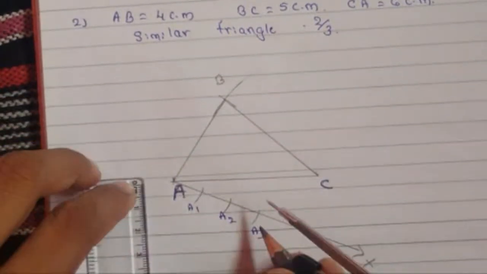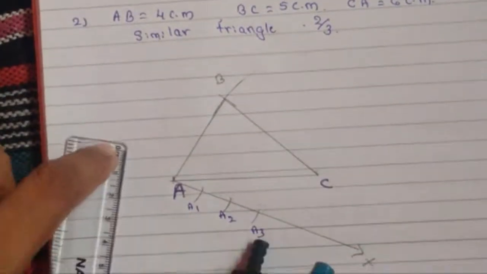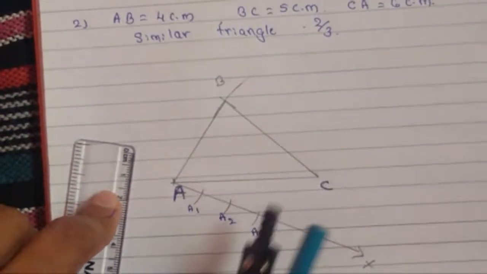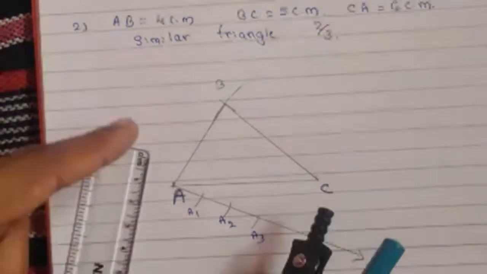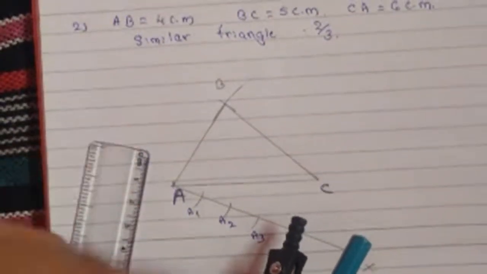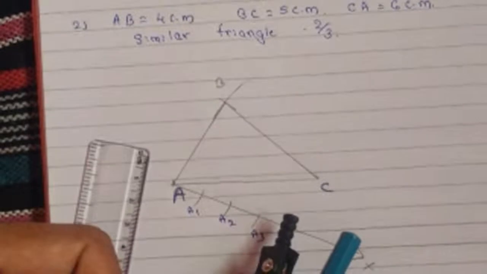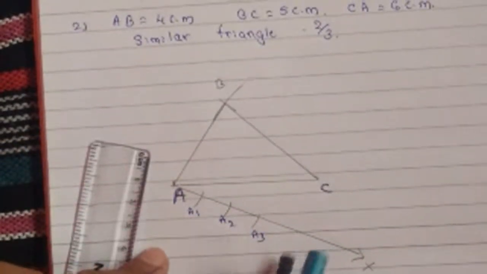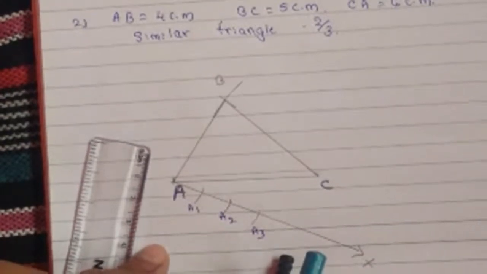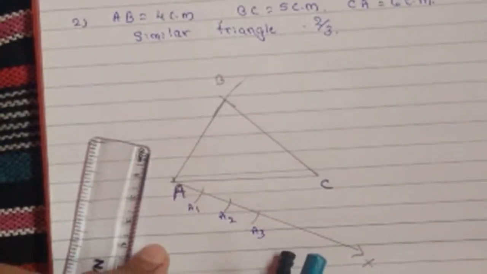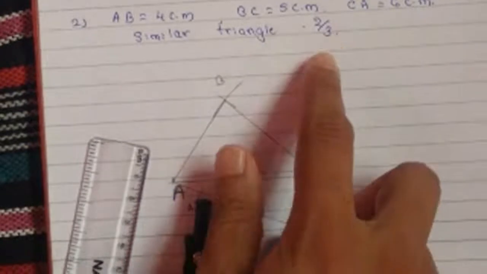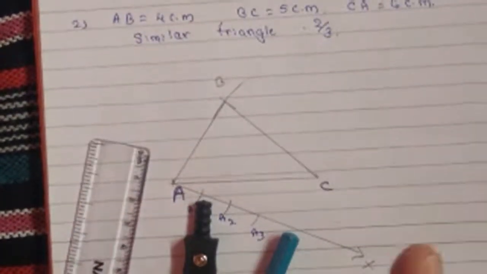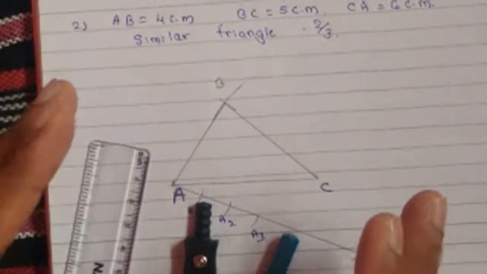Then 3 points we considered and marked, and while joining we join the last point A3 and B point. Now here it is very important to choose the first line to join. To mark the points we have to consider the maximum value.